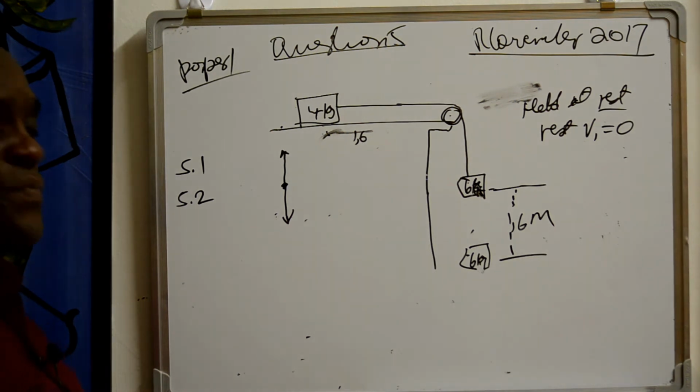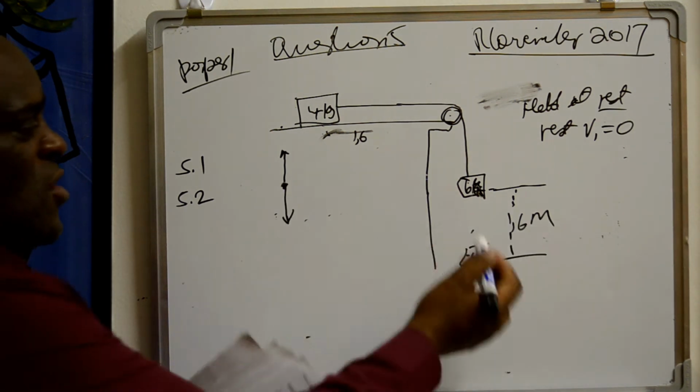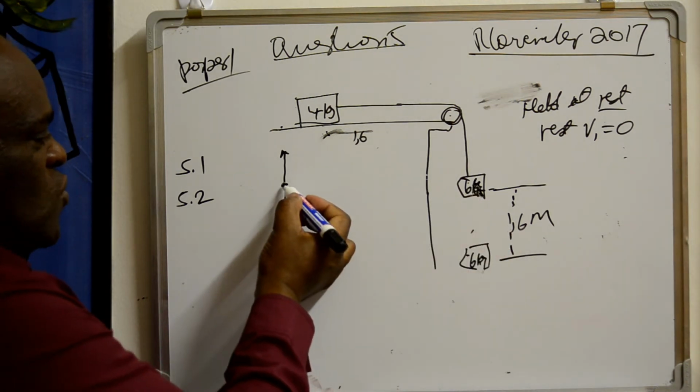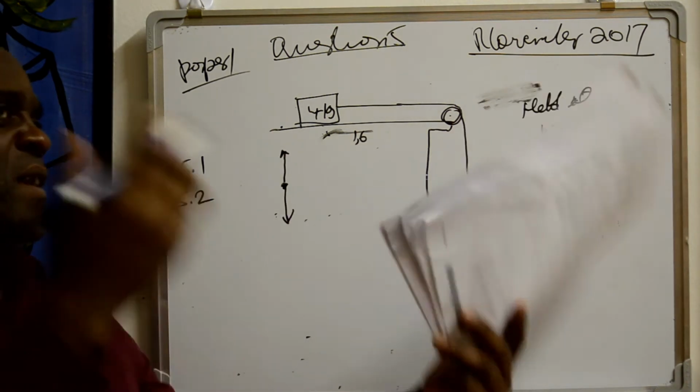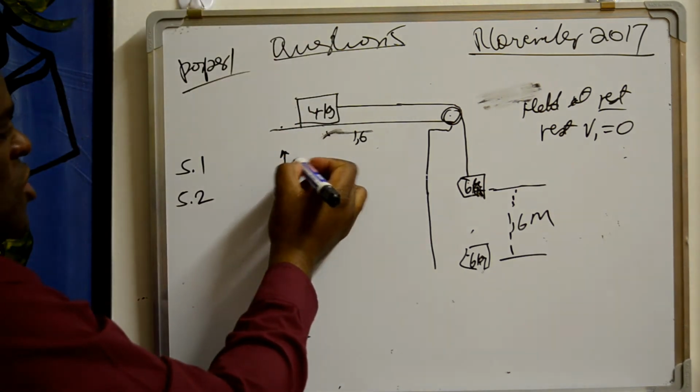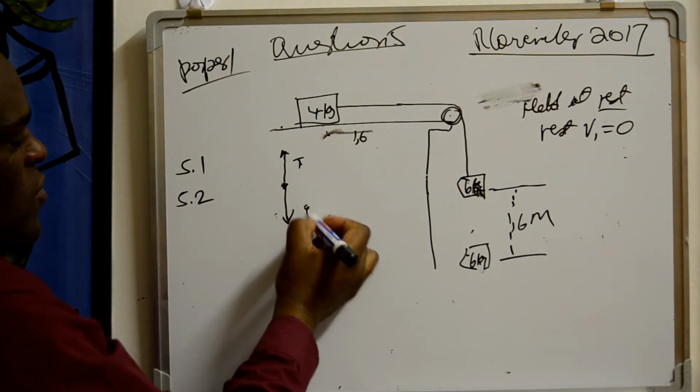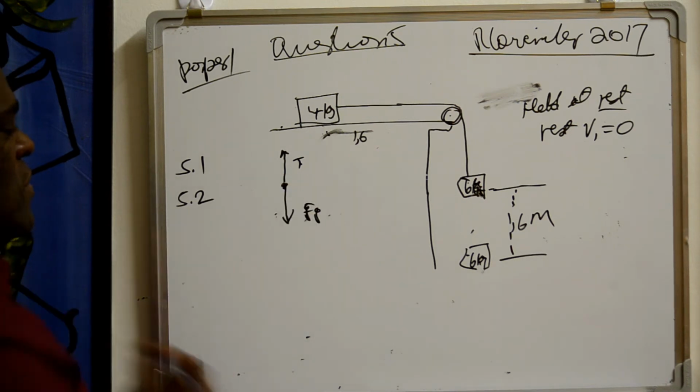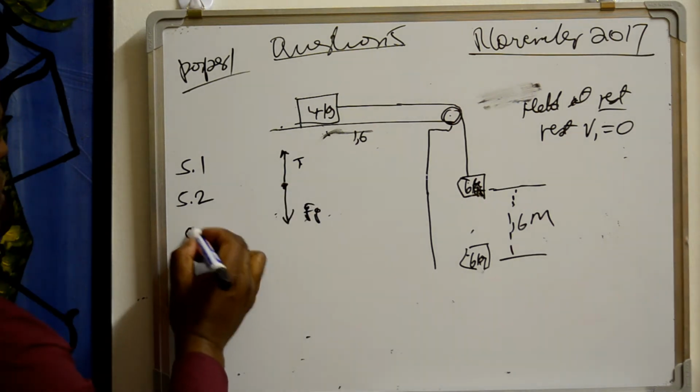That is the free body diagram acting on this 6 kg block. It's just like if you hang something: the force of tension, and this is the force of gravity, right?